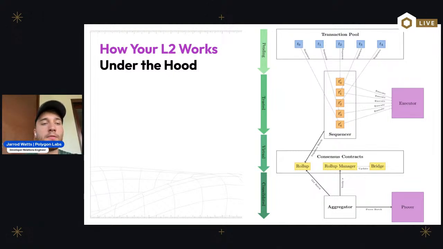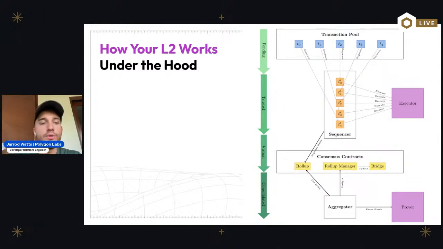So instead of a group of nodes picking up those transactions from the mempool and executing them the way that Ethereum works, in L2s you have this node software called a sequencer. Within a node, there is one component called the sequencer, and it has a huge role to play.